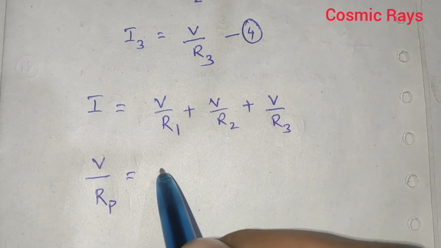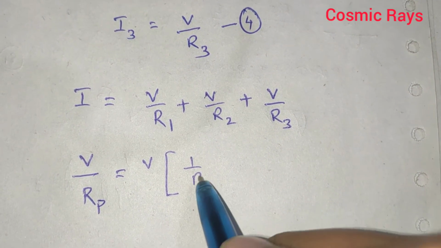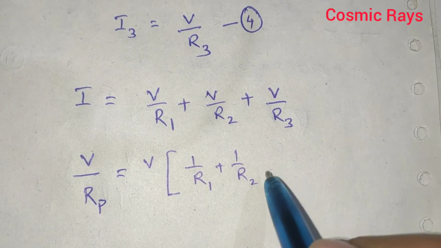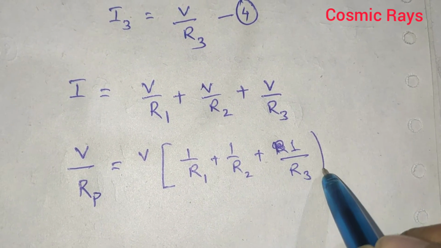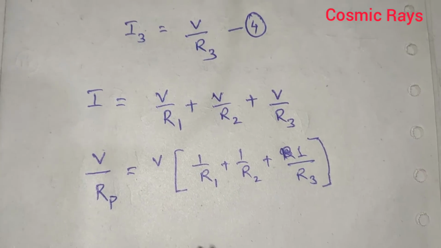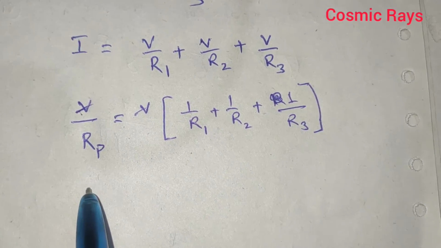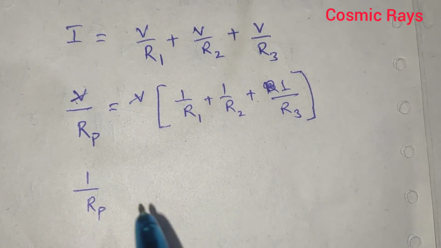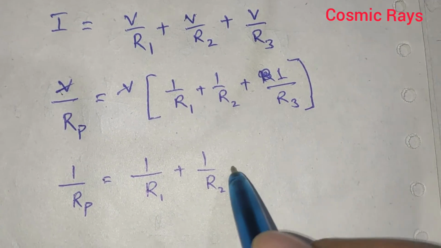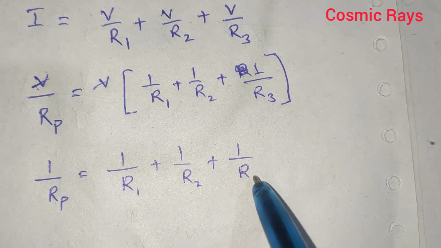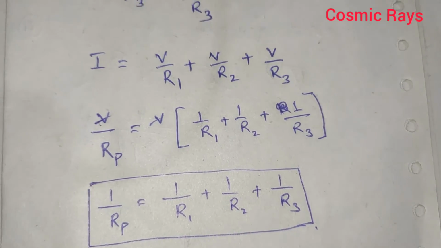So from here we can take V common and we will be left with 1 by R1 plus 1 by R2 plus 1 by R3. Now here V and V can be cancelled out, and our final equation for the combination of resistances in parallel is 1 by Rp equal to 1 by R1 plus 1 by R2 plus 1 by R3. This is the equation for the combination of resistances in parallel.